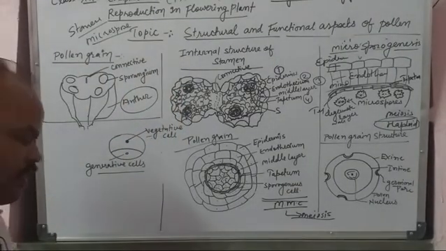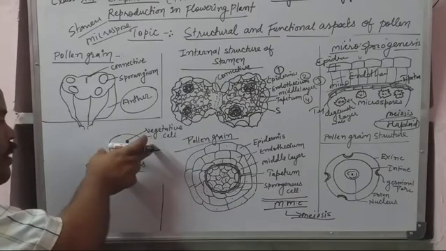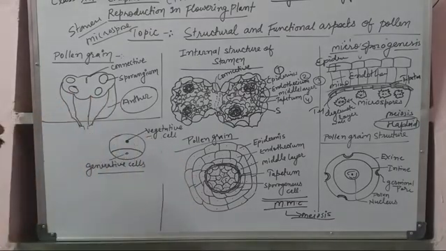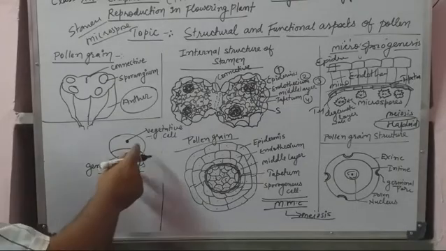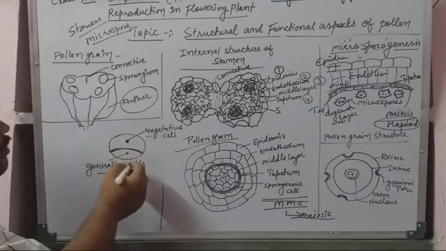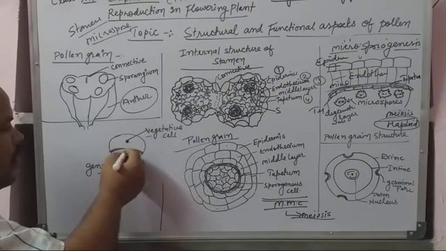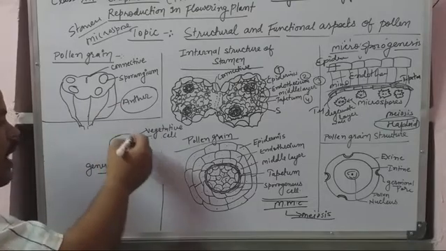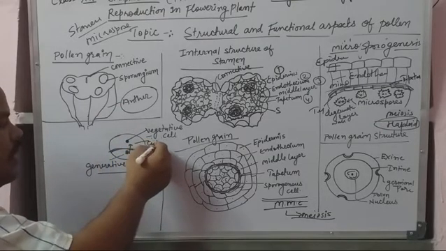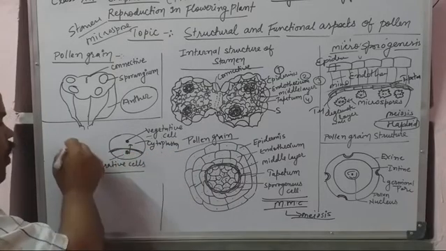After that, the vegetative cell will grow in size, and the generative cell leaves the wall attachment and grows into the cytoplasm of the vegetative cell, and there is the formation of a pollen tube.